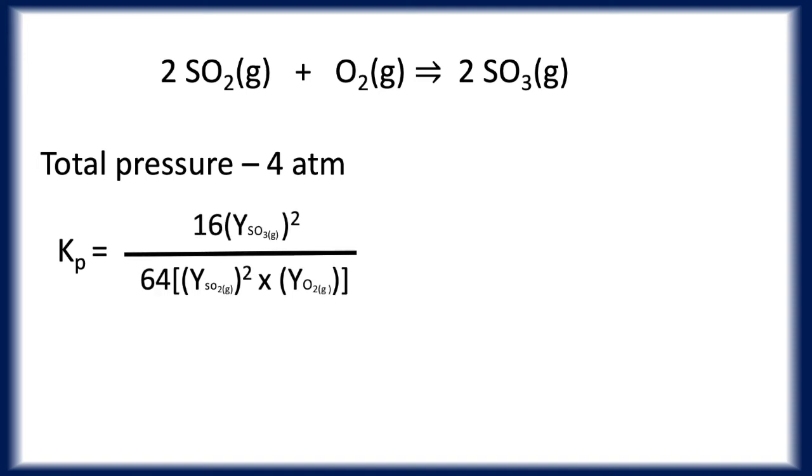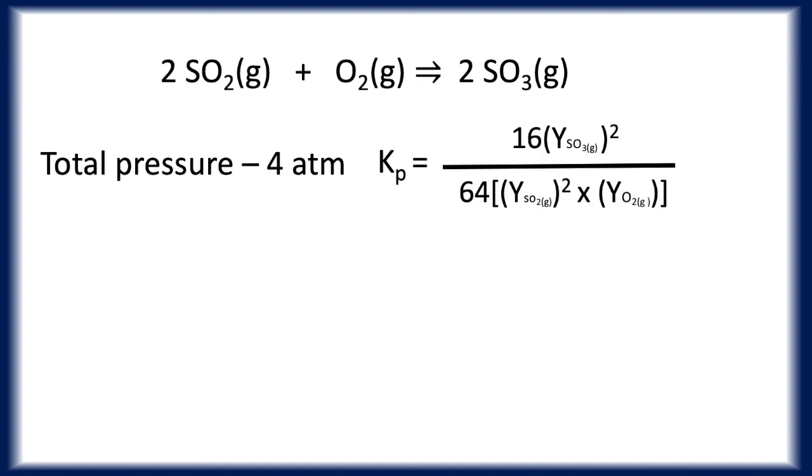And so therefore, when we multiply all of that out, it becomes basically 16 over 64 with the relative mole fractions staying there. So that's with our total pressure being 4 atmospheres.